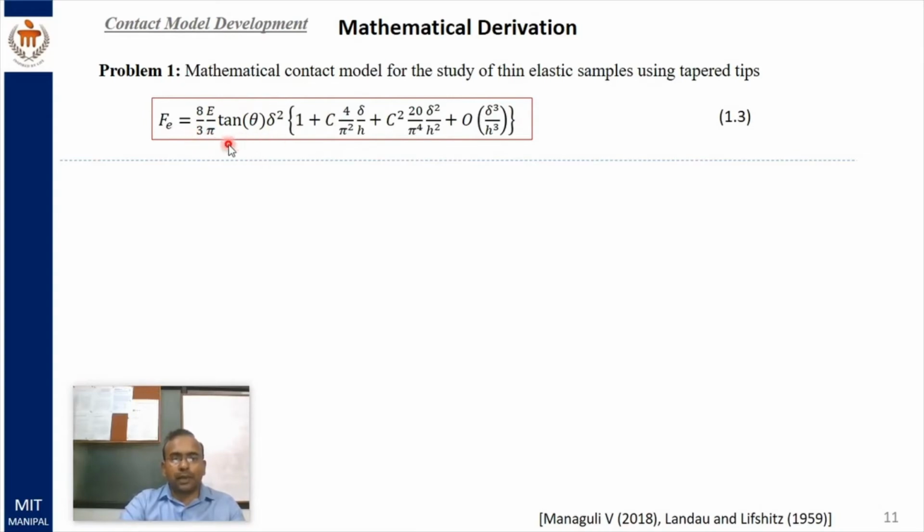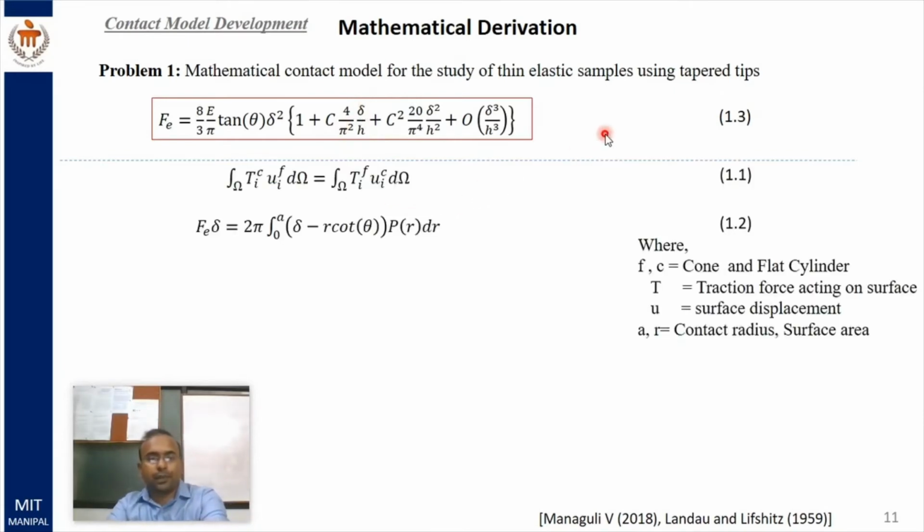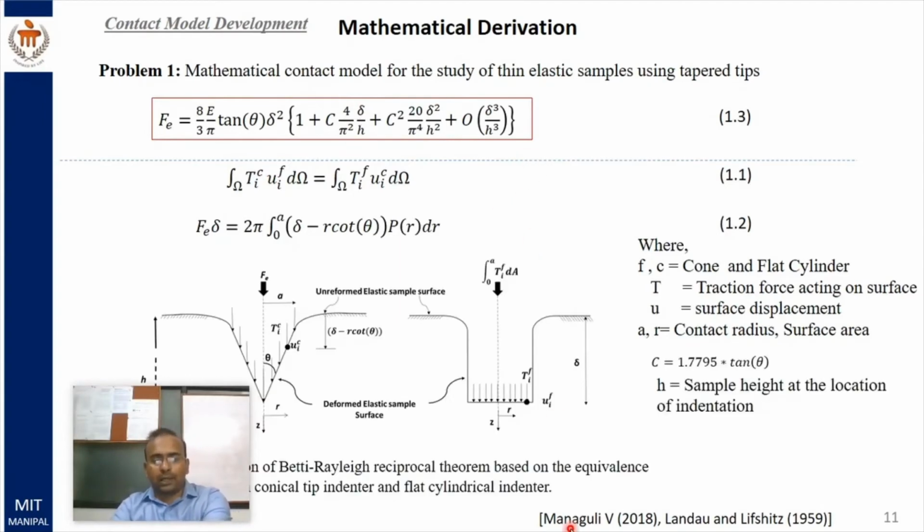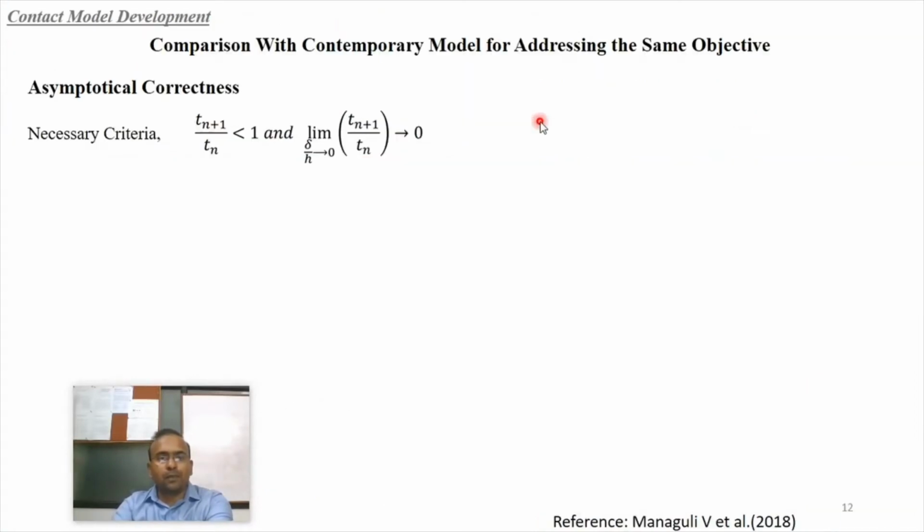The term outside the bracket is Sneddon's equation for Poisson's ratio 0.5, and within the bracket is a correction factor that takes into account the sample thickness at the point of indentation, and delta is the indentation depth. We derived this equation using the Betti-Rayleigh reciprocal theorem, and more details can be found in this paper.